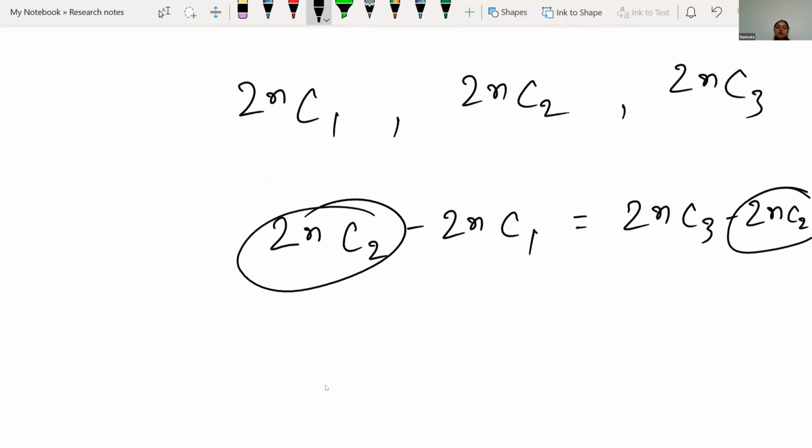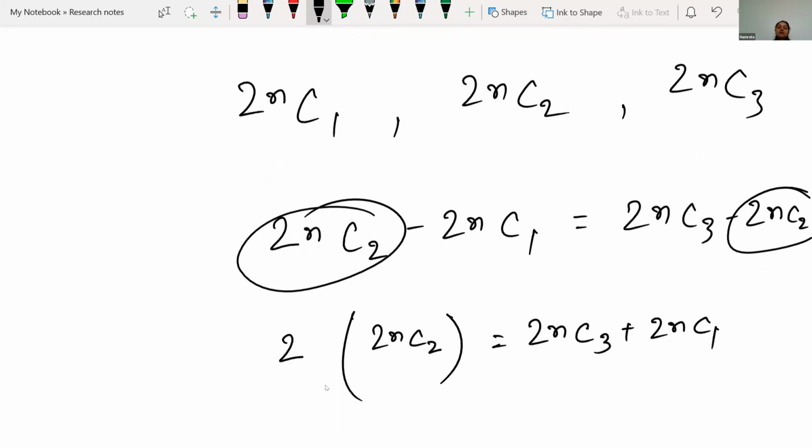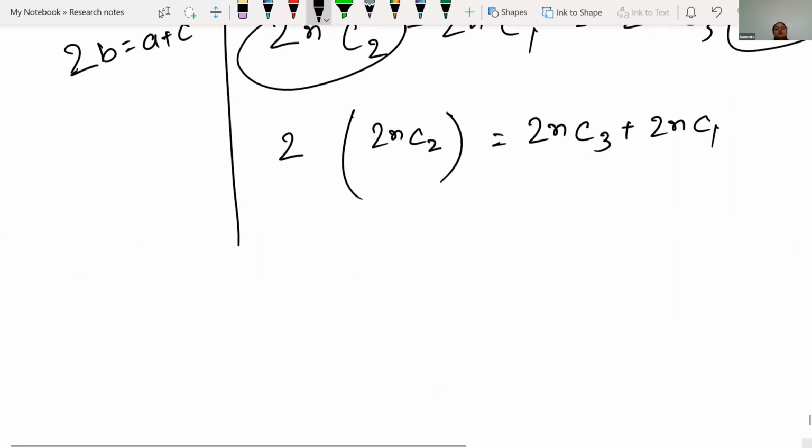Let's write both of them together. So we will be having 2 times 2nC2 is equals to 2nC3 plus 2nC1, right? This looks like 2b is equals to a plus c. That is also one of the expressions for AP, right? Yes, ma'am. Now we just need to solve it.